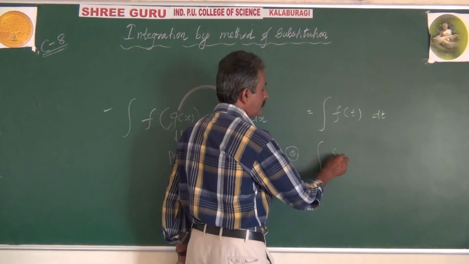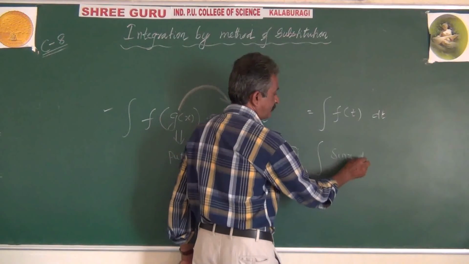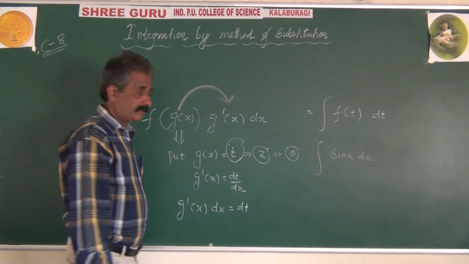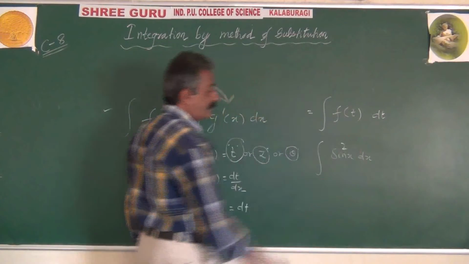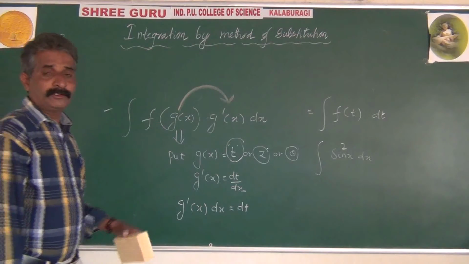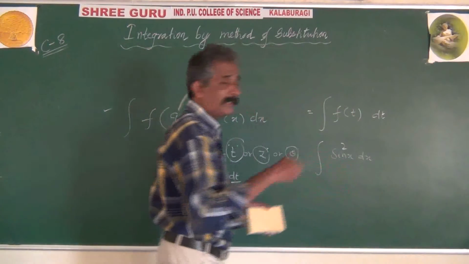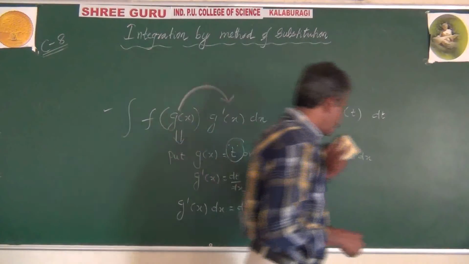Suppose we have the integration of sin x. No problem. What is the answer? Minus cos x. If at all we have sin square x, still no problem. The sin square x formula is 1 minus cos 2x by 2. There we can get the answer of integration.